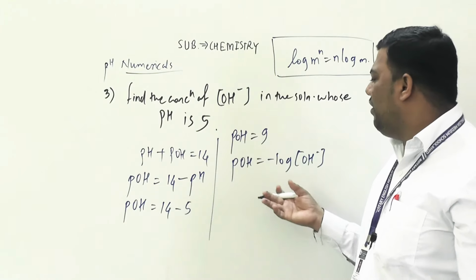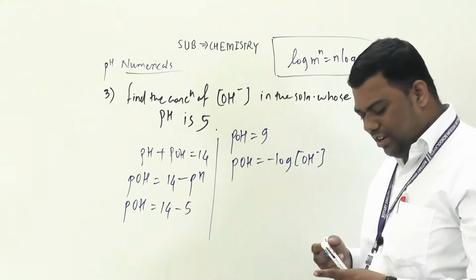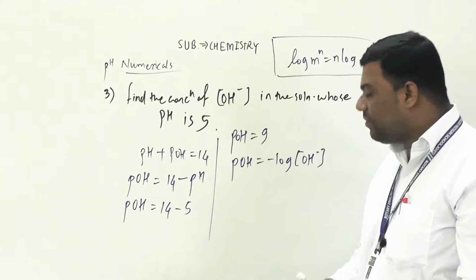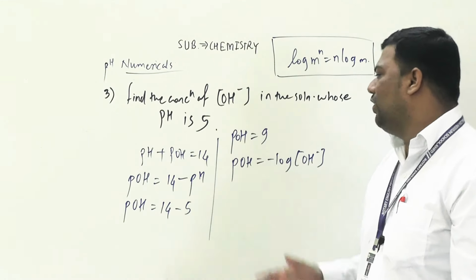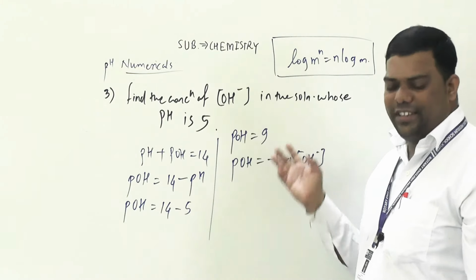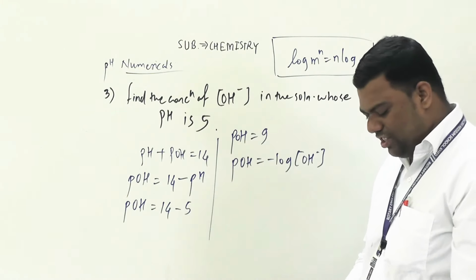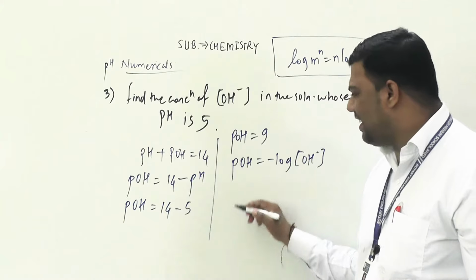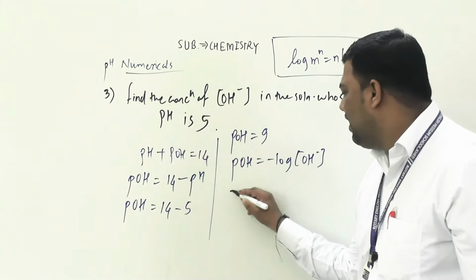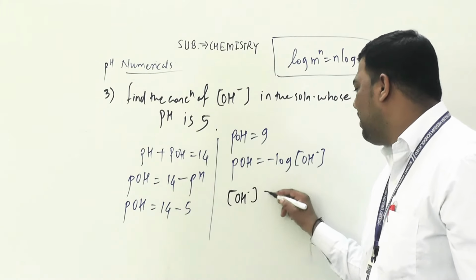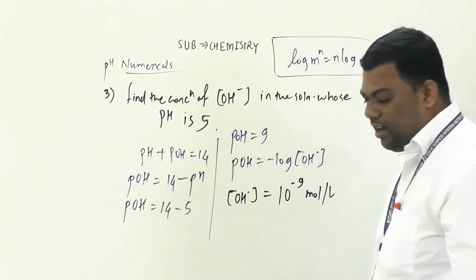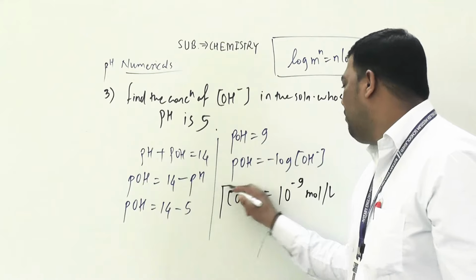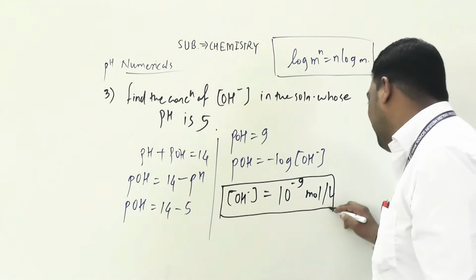Here we want only the concentration of OH minus ion, and that is 9. So the concentration of OH minus is simply 10 raised to minus 9 mole per liter.